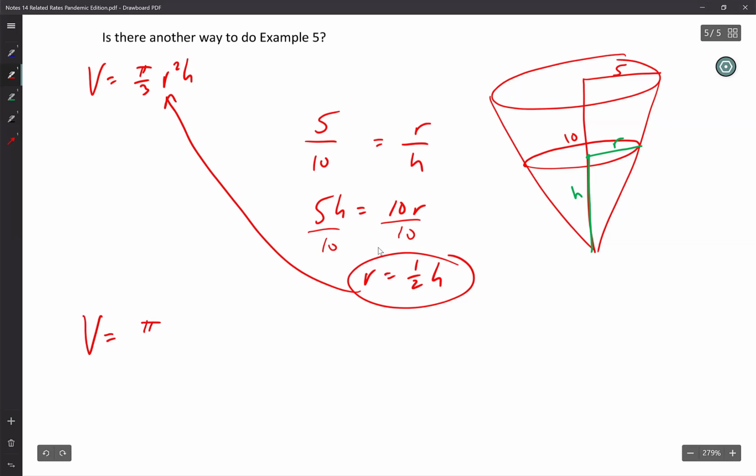Volume equals pi over 3 times half h squared. You know what? Since I'm squaring it, I'm going to write it as h over 2, squared, times h. So pi over 3, that's a 3. h times h is h squared. 2 times 2 is 4.